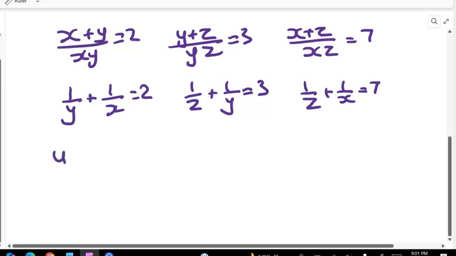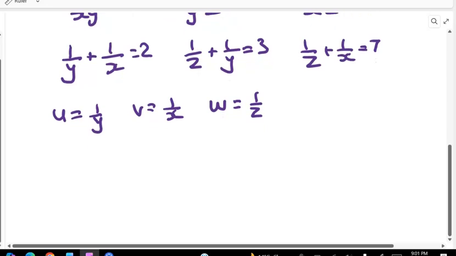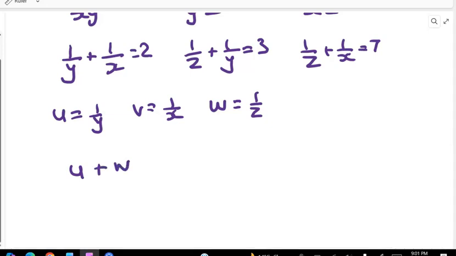I'm going to call u 1 over y, v 1 over x, and w 1 over z. And this is about to collapse to like a year 11 or year 10 question. So we've got u plus v equals 2, w plus u is equal to 3, and w plus v is equal to 7.